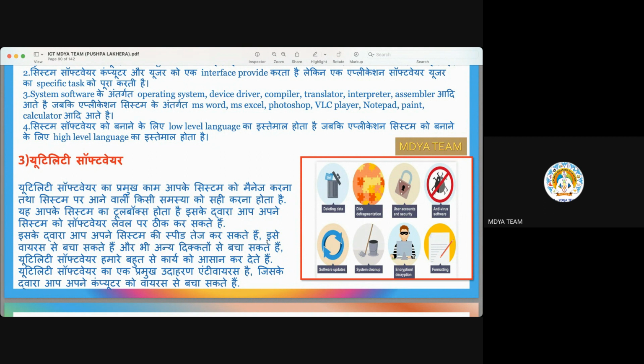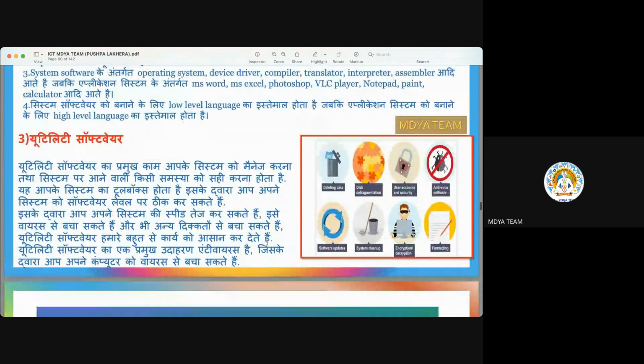So this is basically the toolbox of your system. And you can increase the system's speed also, and improve the performance of your system by using this utility software.